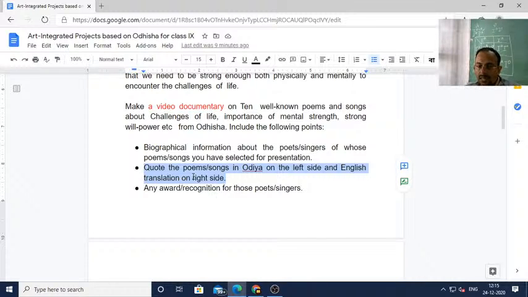One is early childhood, another is when he became matured, and then if there is any picture like he's receiving an award, or any kind of recognition, you can take this picture also. At least 3 images you submit of the singer or the poet that you have selected for your presentation.